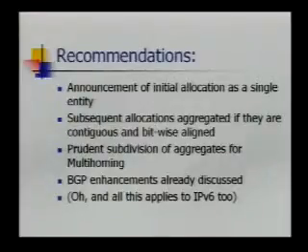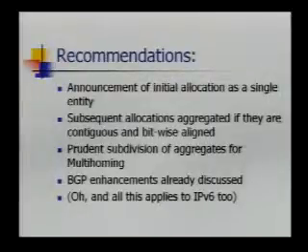So our recommendations: we encourage people to announce the initial allocation as a single entity. It's not a case of, ooh, I got 32 Class Cs from ARIN. Class Cs ceased to exist in 1994, so people should be announcing, for example, a /19 rather than individual pieces. Subsequent allocations should be aggregated if they are contiguous and bitwise aligned. If the registry does happen to give you a contiguous address block, for goodness sake, aggregate them.